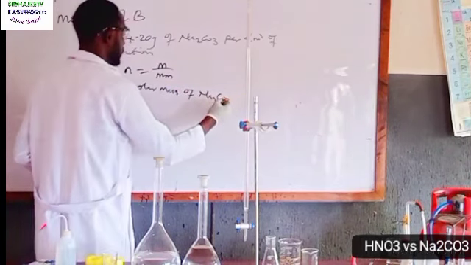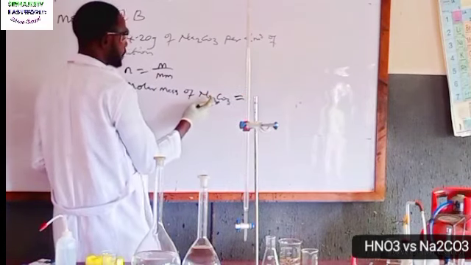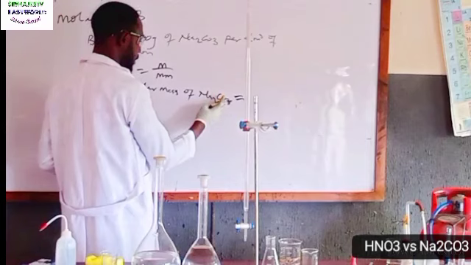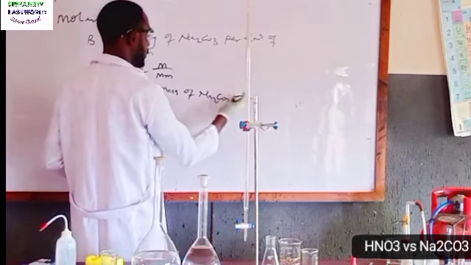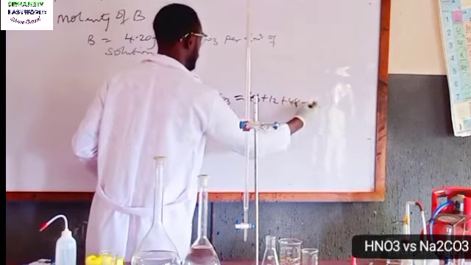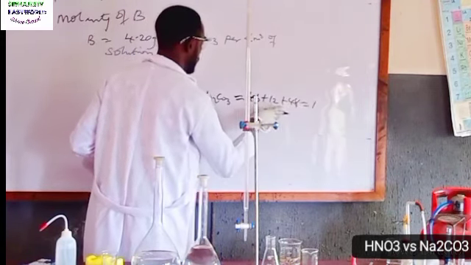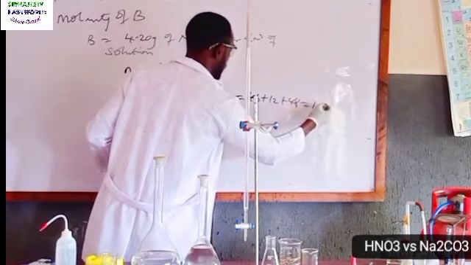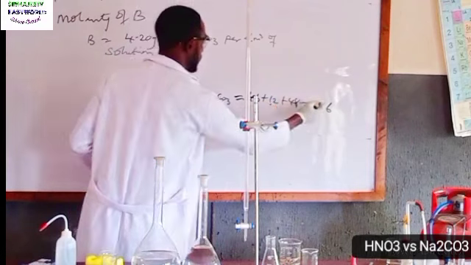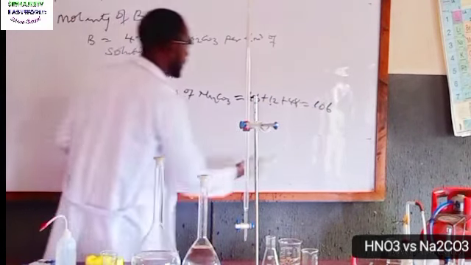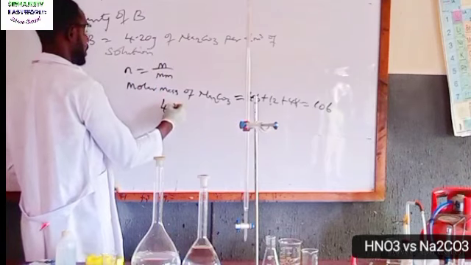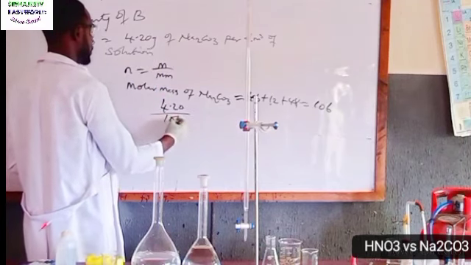Sodium is 23, 23 times 2 is 46, plus 12, plus 48, which will give you 106. So the molar mass of sodium trioxocarbonate is 106, and the mass given was 4.20.